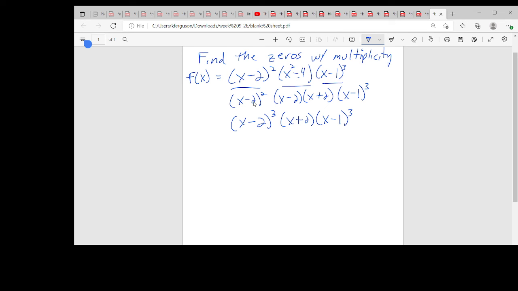Because there's x minus 2 to the second power, and then there's another x minus 2. Because they're being multiplied, I can just say that's x minus 2 to the third power. Now there's a reason why I did that. I'm finding the zeros with multiplicity. Now that I know that that's to the third power, I know that x can be positive 2 with a multiplicity of 3.